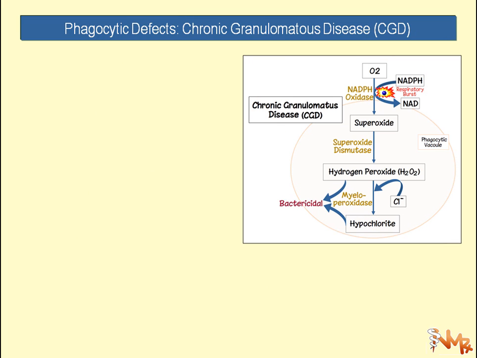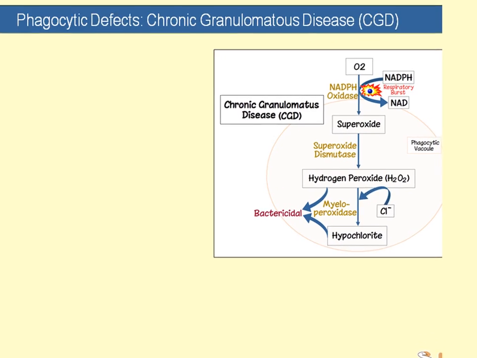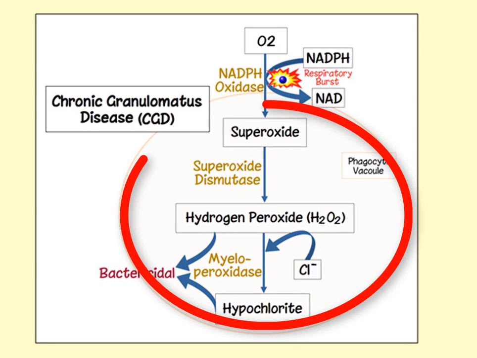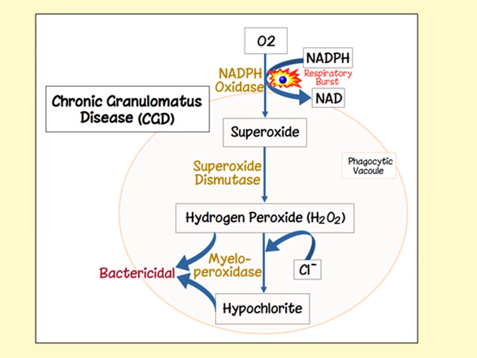This brings us to CGD. I have also covered this from a different angle in your biochemistry. In this diagram, I'm showing a macrophage or a neutrophil, and as you can see, because of that phenomenon that we call the respiratory burst, because of that particular enzyme on the cell membrane of these macrophages, the NADPH oxidase, they drive the oxygen into their cytoplasm and convert it to superoxide, and then superoxide dismutase converts it to hydrogen peroxide.